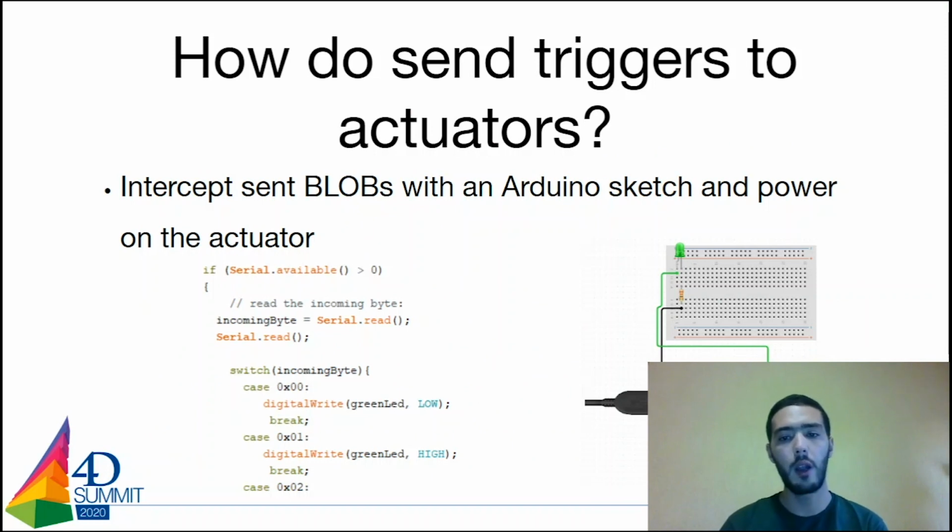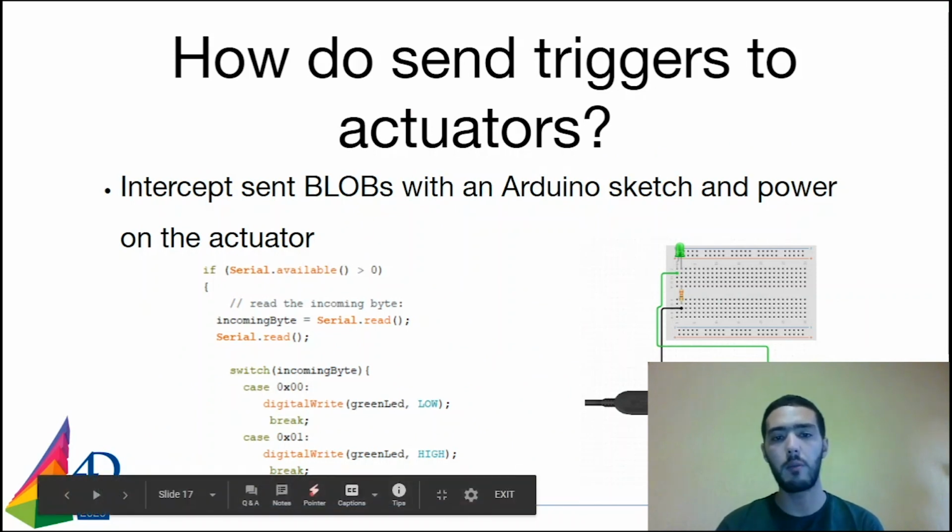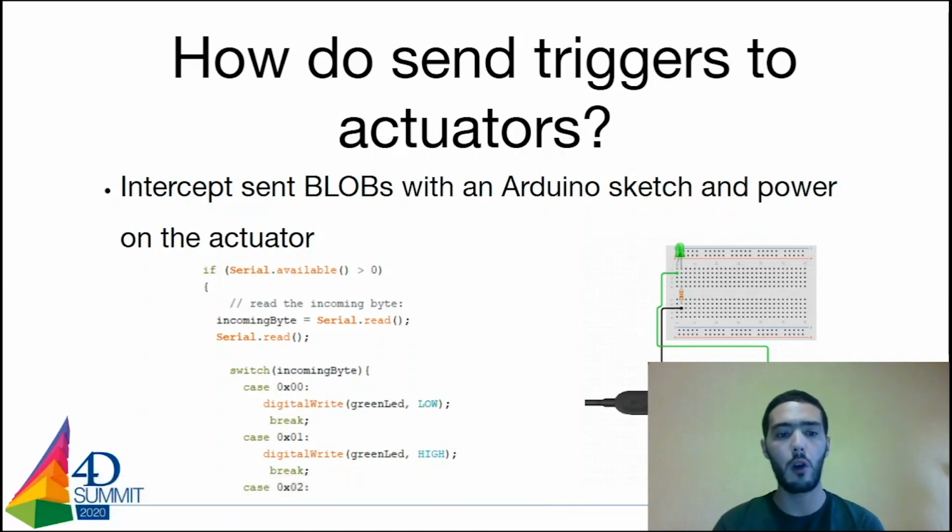As we can see here, we'll intercept these sent blobs with an Arduino sketch, and we'll use this condition to trigger an actuator. We'll start with this simple circuit composed of only one LED. We'll read the incoming byte that's been written by 4D into the serial port channel. We'll skip, as we can see here, the second byte, just to take into consideration the endianness of this incoming blob, of this 4D blob.